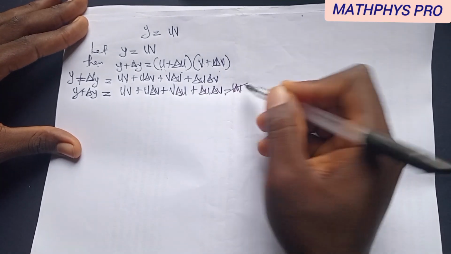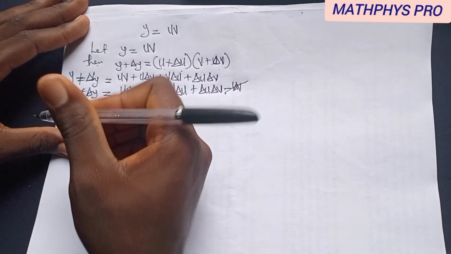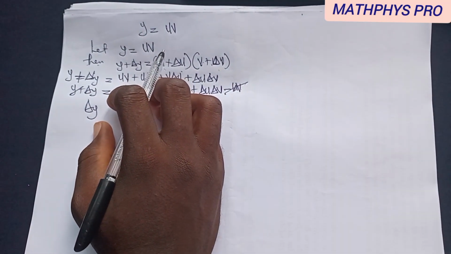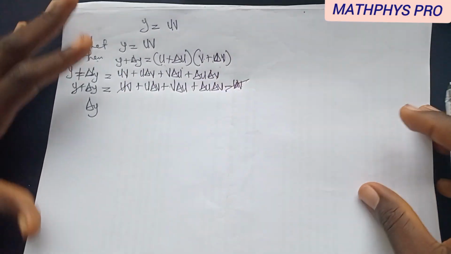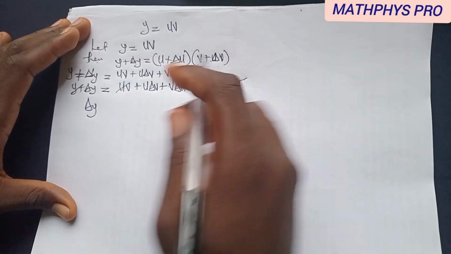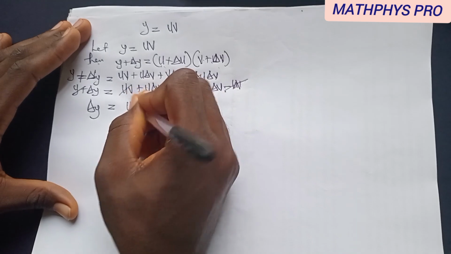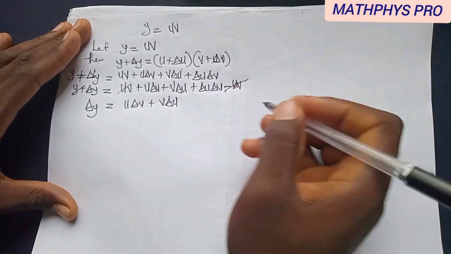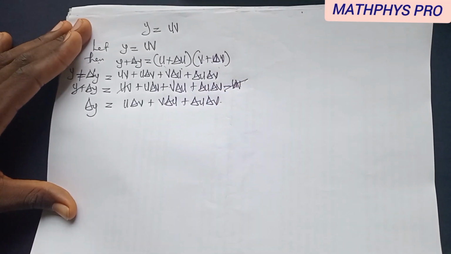This minus uv cancels out the uv here, so change in y will be equal to u change in v plus v change in u plus change in u change in v.